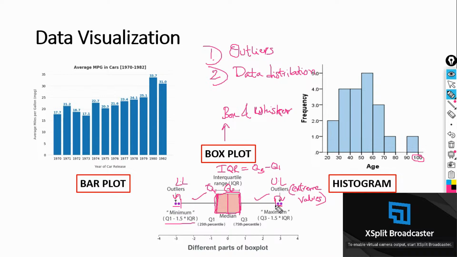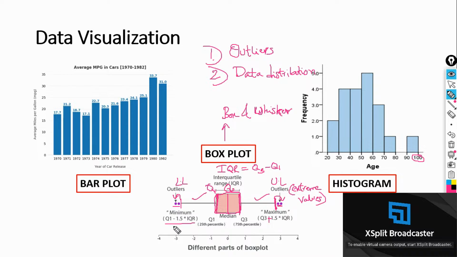In the same way, the upper limit is calculated using Q3. This is not minus, this is plus: Q3 plus 1.5 times the IQR. That will result in calculating the upper limit.